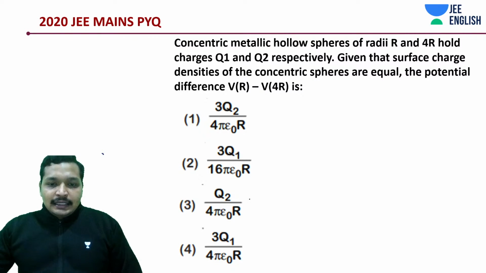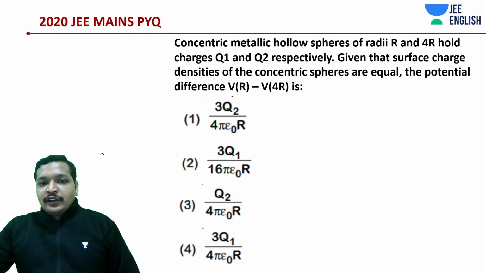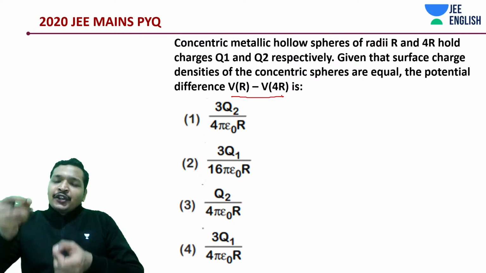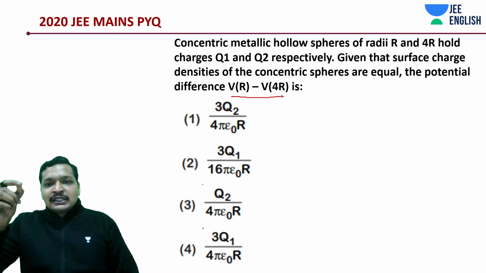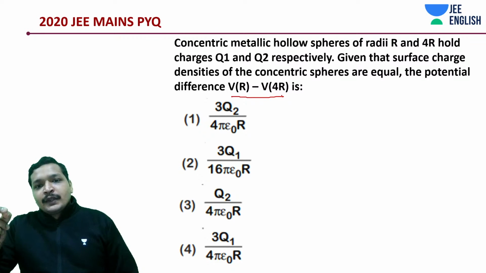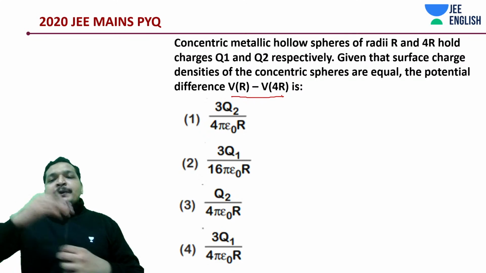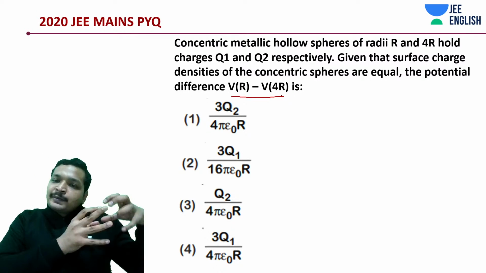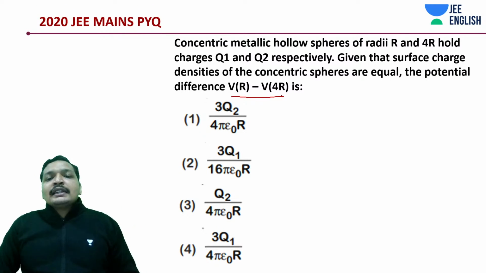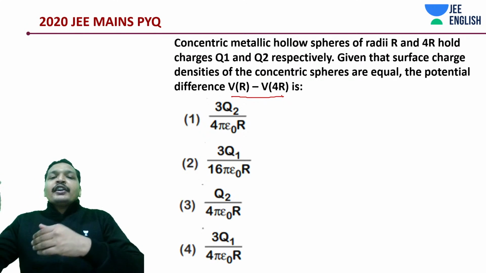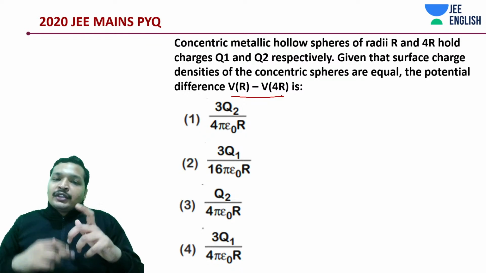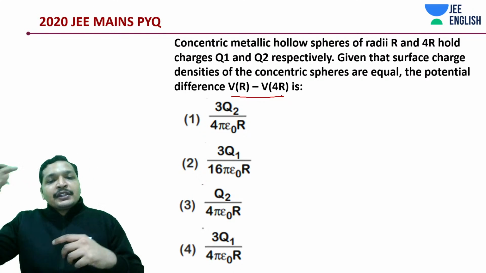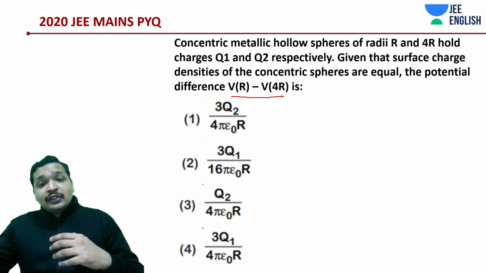But the shortest trick to understand this is, while you are doing this, potential due to the large sphere does not matter, because once you are calculating on the surface of the large sphere, it is going to be potential due to the small sphere and potential due to the large sphere, where that small sphere will act like a point charge. And in the other case, where you are trying to calculate the potential on the small sphere, it is going to be the potential due to the charges on the small sphere and potential due to the charges on the large sphere.